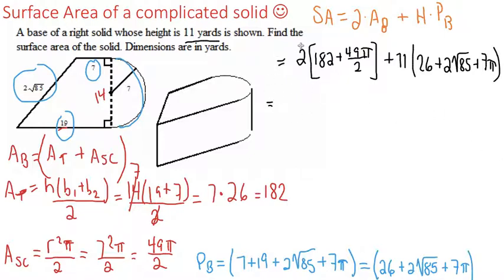So I'll start with the distributive property and do 2 times 182, which gives me 364. Now the 2, if I multiply the 2 by the second term here, the 2's cancel, so I just have 49 pi.